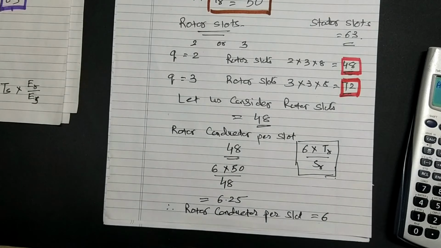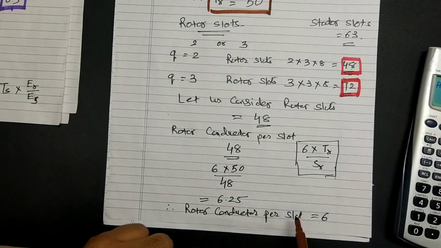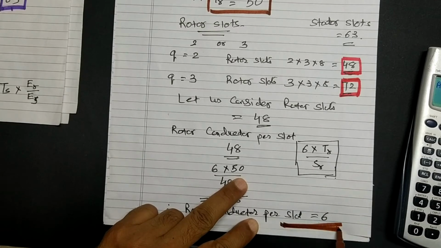So 6.25 we cannot take, so we have considered 6.